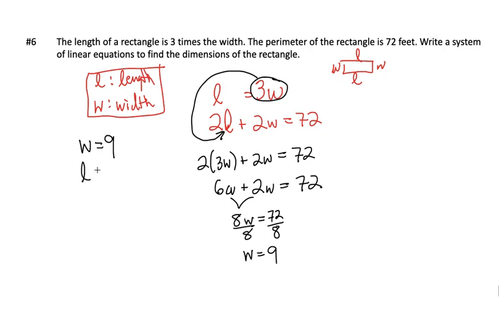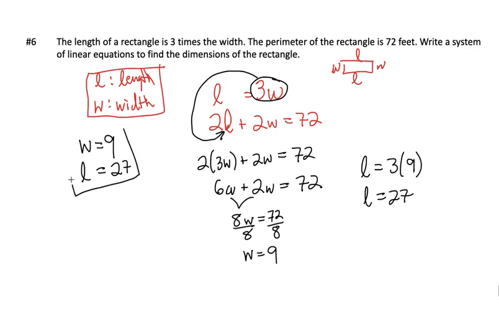And I'll need the length, so I'll substitute that in for one of my equations. I'll do the top: L equals 3 times 9, which is 27. And 9 times 3 is 27, and twice each of those gives 72.